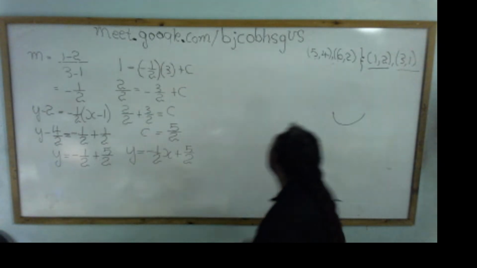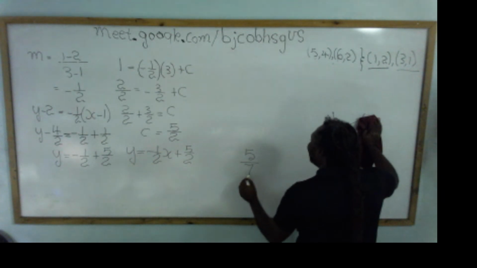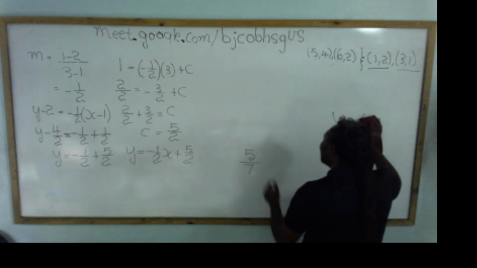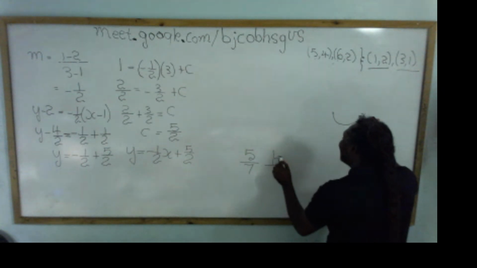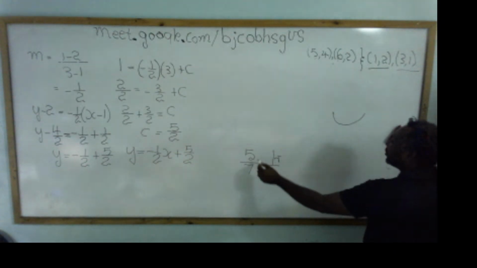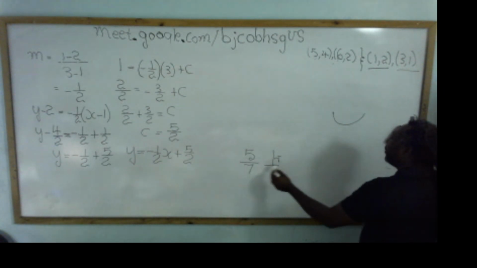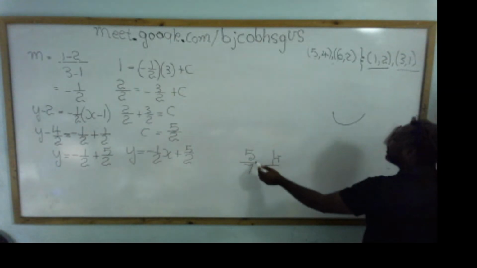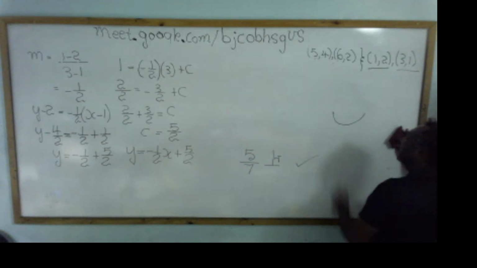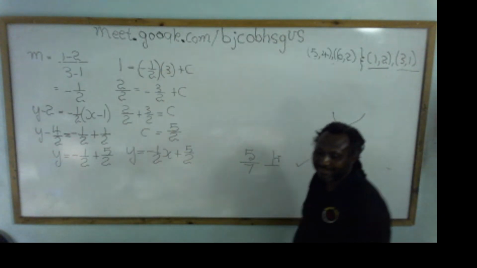Let's go. So let's say we have a line with gradient 5 over 7. What will be the gradient of the one that is perpendicular to it? I need to know the gradient. This one is 5 over 7.